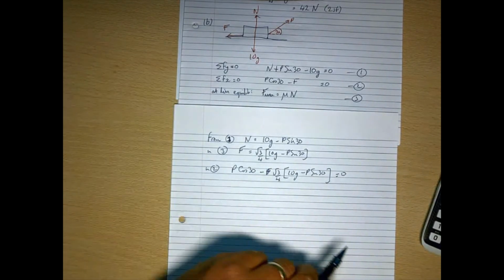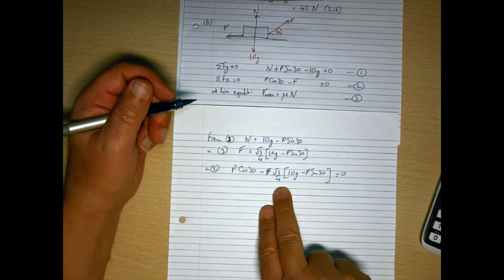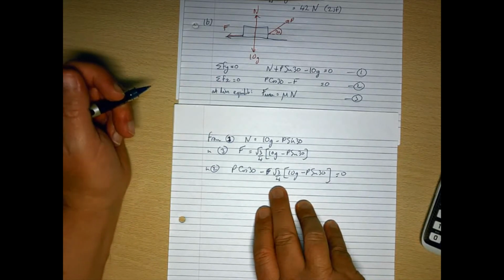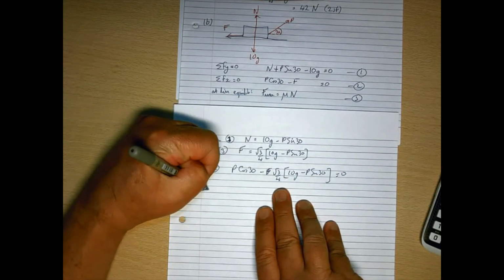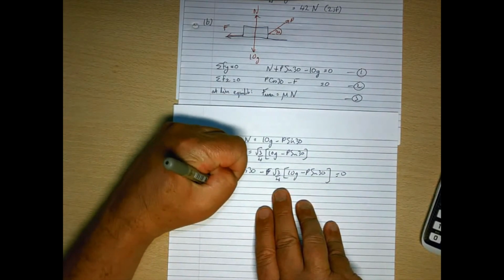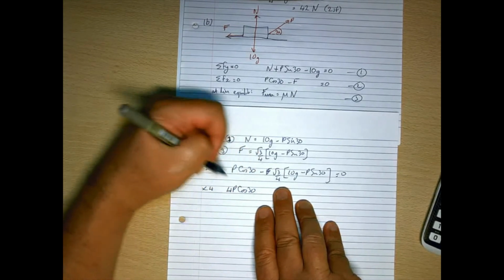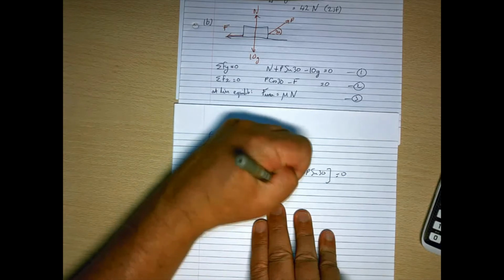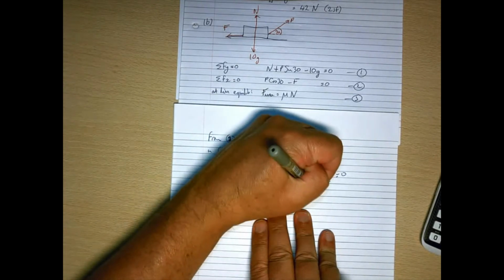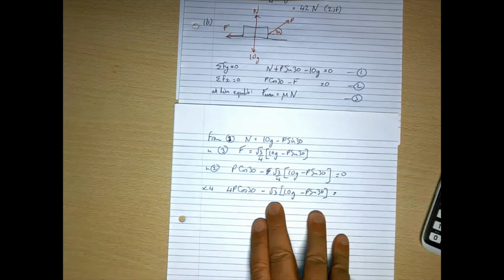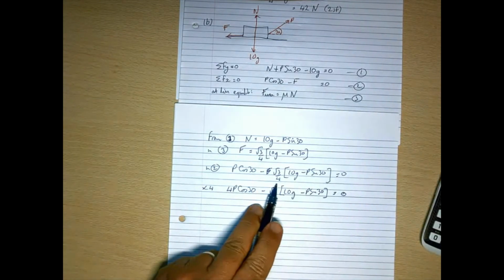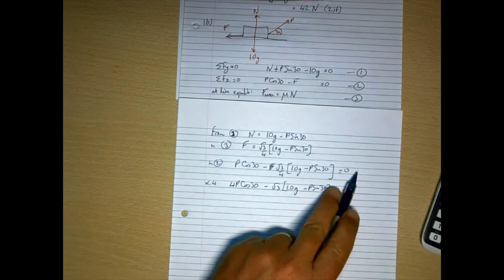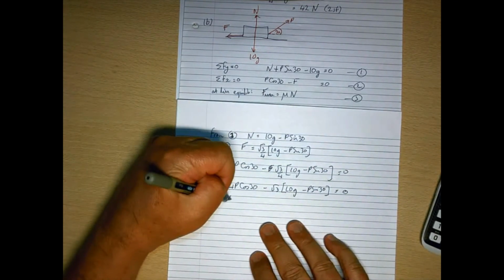So I want to get P on its own, so I've got some work to do here in order to do that. If I first of all, what can I do? Well, I can multiply throughout by 4. Lots of different ways of doing this. Zero times 4 is 0, so that stays the same. So I've got rid of the 4 from the denominator by multiplying that by 4, that by 4, and that by 4.